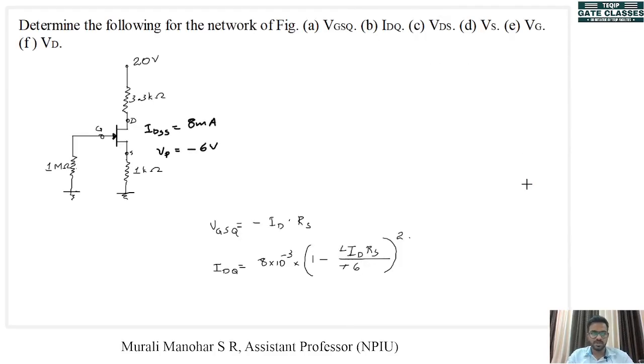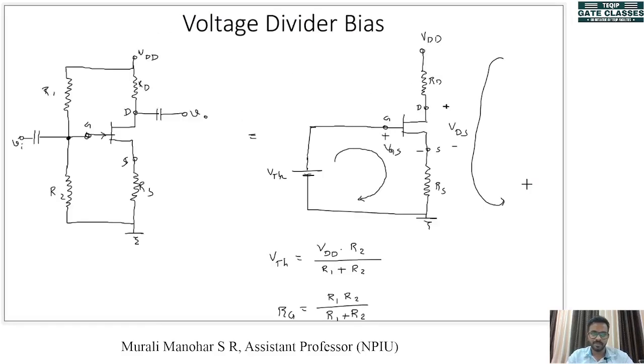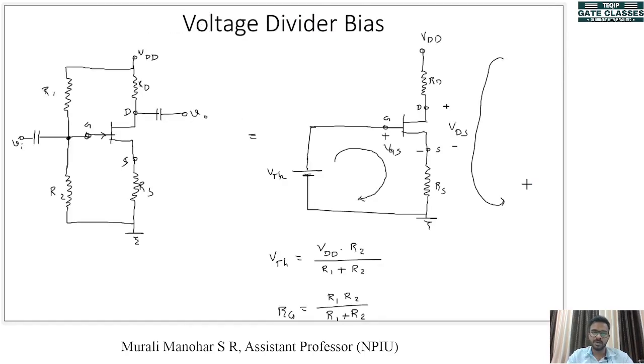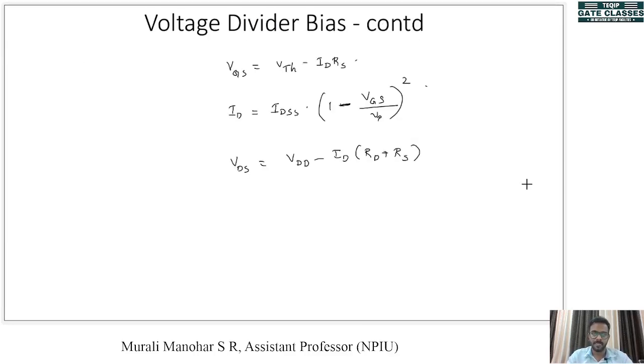I am not going to do the problem for this one, that is voltage divider bias. You can understand why. If you do this by solving the equations, it is going to be a very lengthy problem. Normally these problems will be solved by the graphical method. It is slightly inaccurate, but that is enough.